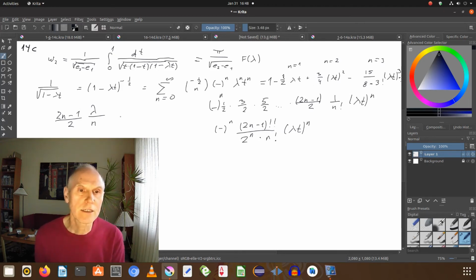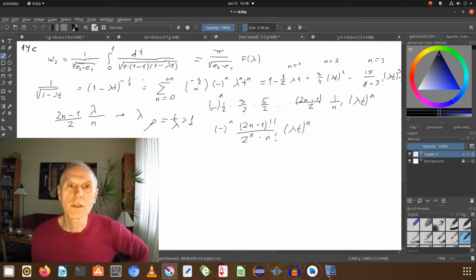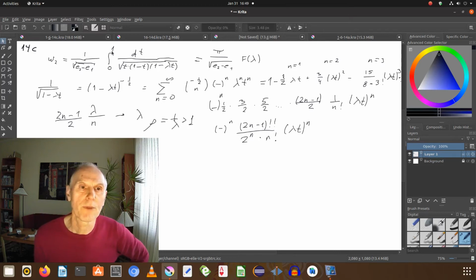And as n tends to infinity, this tends to lambda. That means the radius of convergence is 1 divided by lambda, which is larger than unity. So it converges from naught to unity, so we have uniform convergence of the power series, so we can integrate each term in its own right.